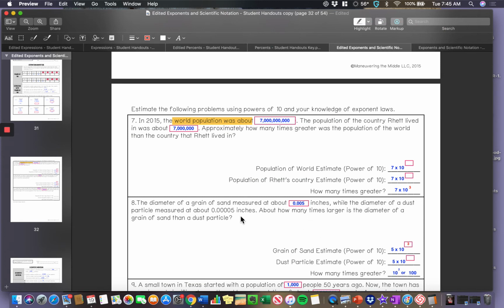So basically you can think of this as how many more zeros this has for your dust particle than the zeros you have here for your grain of sand. So it's basically telling you how many extra zeros you have. Alright, so this one had 2 zeros, and this one had 4 zeros. So how many extra are there?